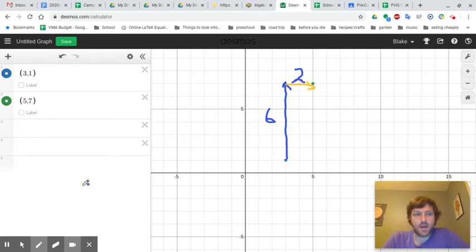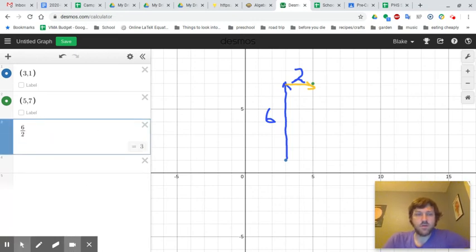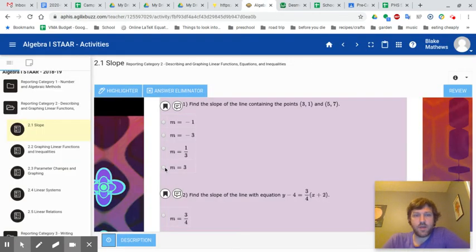So then my slope is going to be 6 over 2. Now, obviously, I'm going to go ahead and just type that in here so you can see. If I do 6 divided by 2, it tells me that that is 3. So 6 over 2 is 3. So go back over here, and there we are. M is equal to 3.